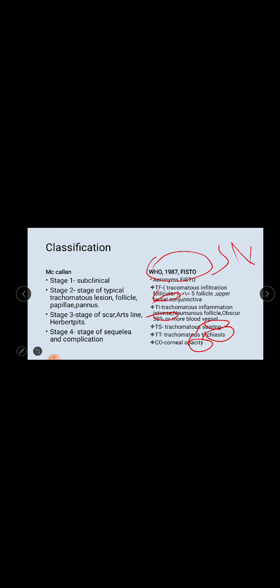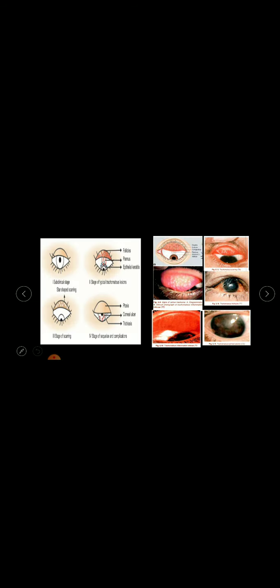This is the McCallan classification. Stage 1, subclinical stage. Stage 2, typical trachomatous lesions: follicle, pannus, epithelial keratitis. Stage 3, stage of scarring. Stage 4, stage of sequelae and complications: ptosis, corneal ulcer, trichiasis.